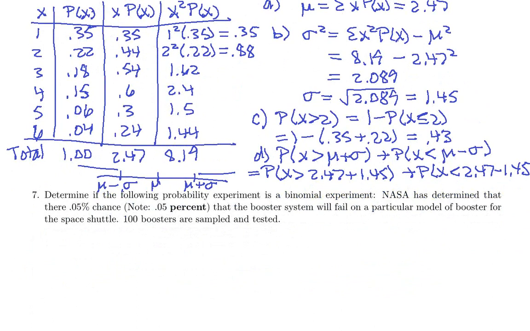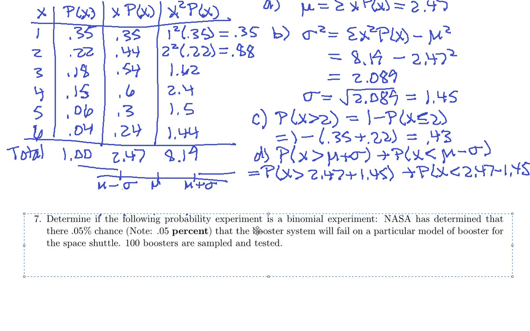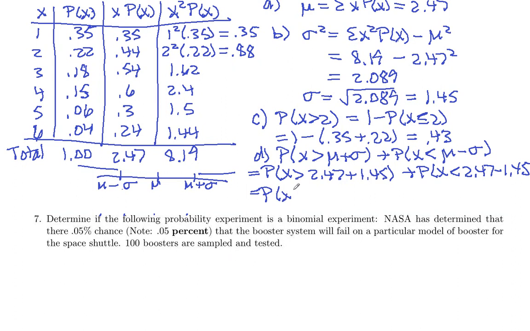Give myself a little bit more room here. So this is probability x is greater than 2.47 plus 1.45 is 3.92, plus probability x is less than 2.47 minus 1.45 is 1.02.